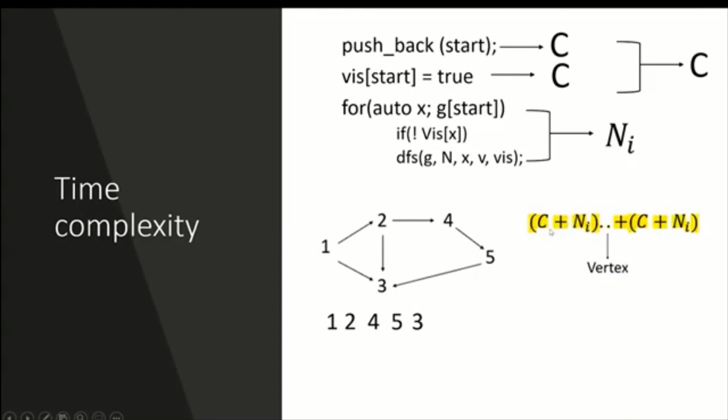So from this scenario and calculation, I can get C plus Ni plus C plus Ni, which equals the vertex. So we call this the vertex, so it becomes C times vertex plus the sum of Ni.